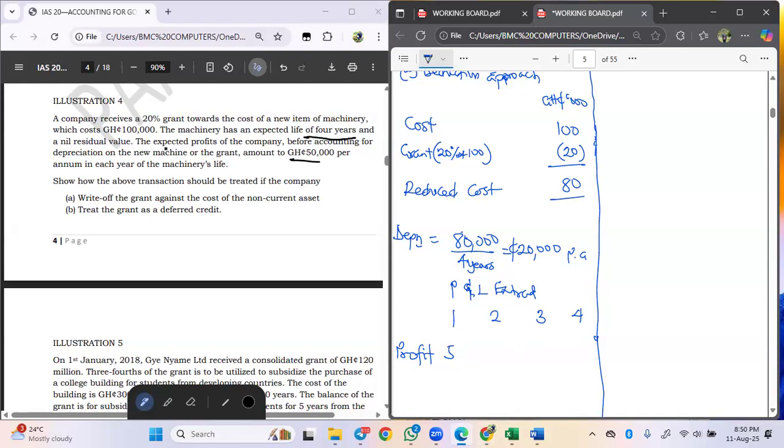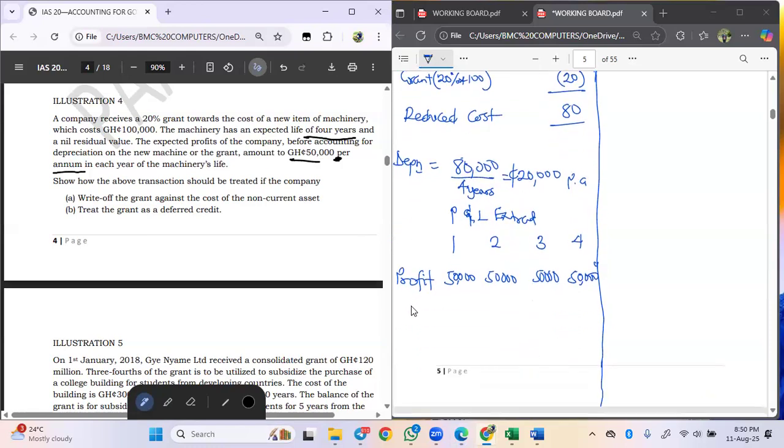The expected profit of the company before accounting for depreciation on the new machine is 50,000 per annum in each year of the machinery's life, so that's why you're having 50,000 here.